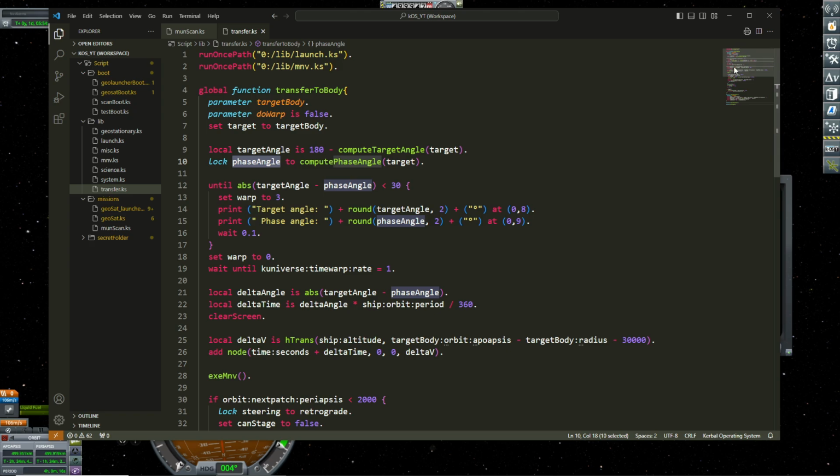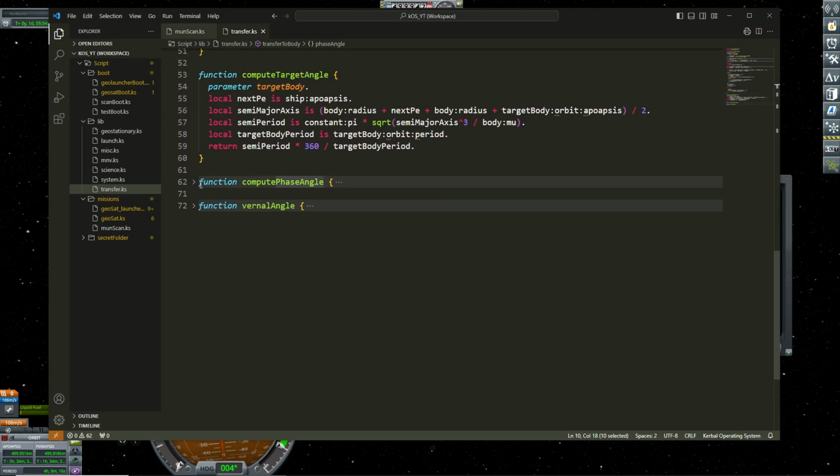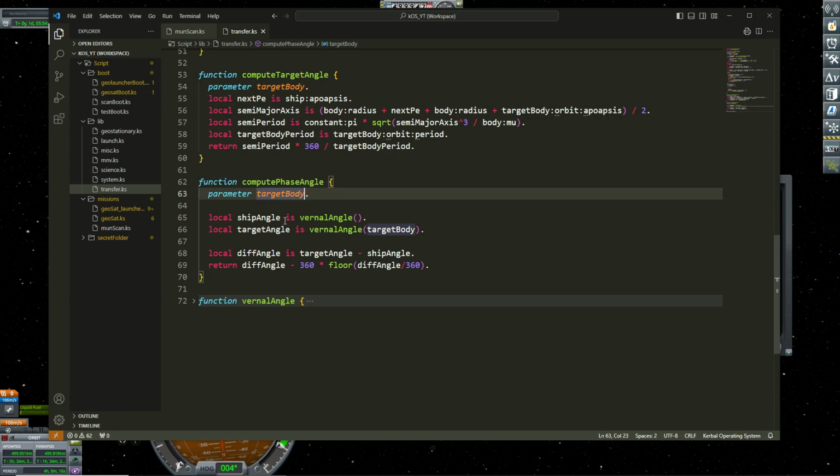So for compute phase angle, I just need to compute the vernal angle of my ship and the vernal angle of the target.